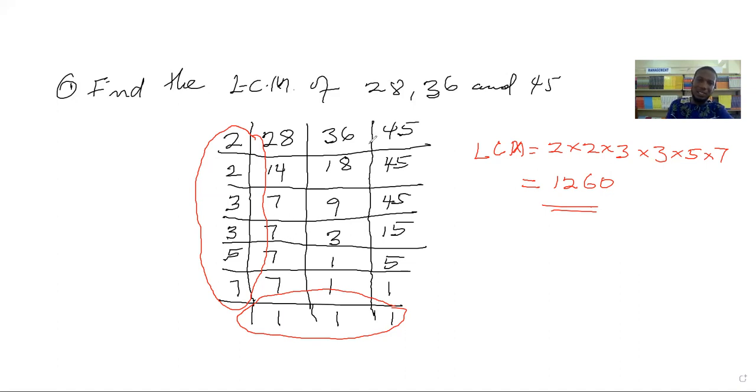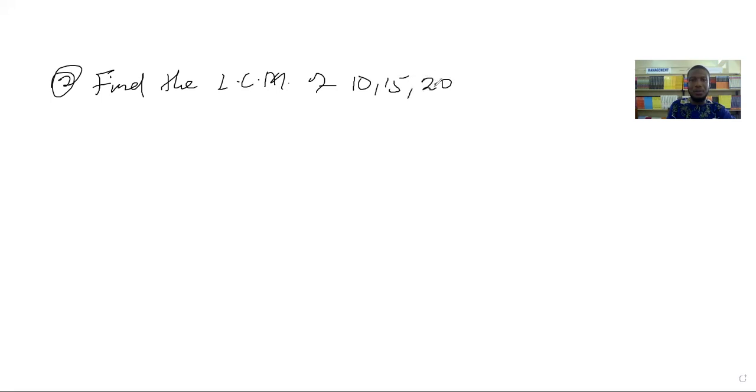Let's take another example. We are finding the LCM of 10, 15, and 20.